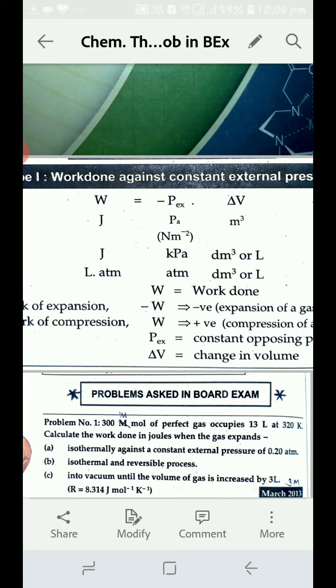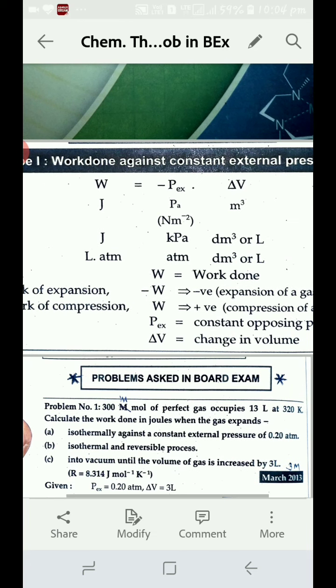The R value is given, that is the gas constant, 8.314 joule per mole per Kelvin, and this numerical is from March 13 for 3 months. When we solve the numerical, first we must know the given data. 300 millimole means the number of moles; milli means 10 raised to minus 3, so 300 into 10 raised to minus 3 means 0.3 moles.